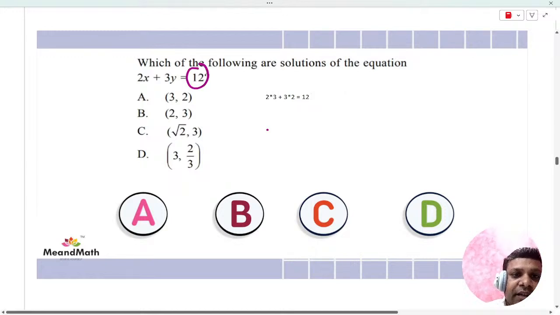And the answer is 12, 12. So this option should be the correct answer. A is the correct answer. But let's check for B, C, D.